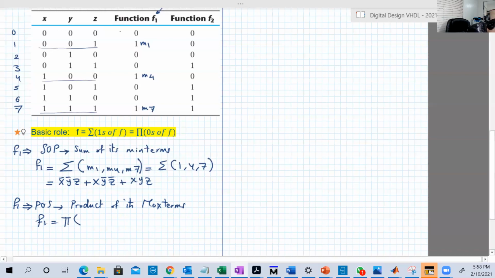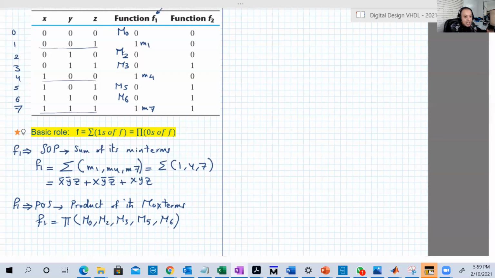So this is M0, M2, M3, M5, M6. And one thing here is that in the product of sums, this should be 8 in total.